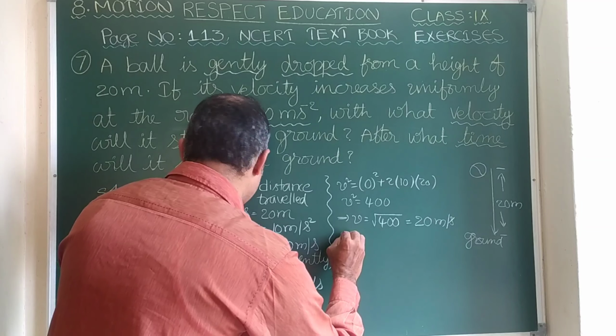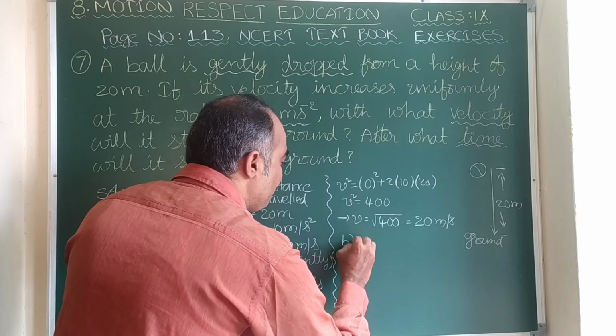Now let us see the second bit, that is time taken, denoted by t. That is what we need to find. Out of the three equations, first equation is suitable, that is v is equal to u plus at. Let us substitute the known values.